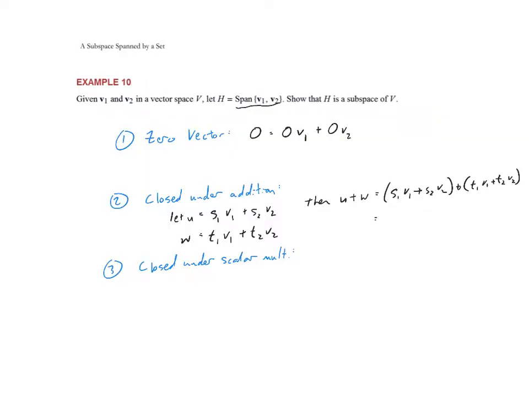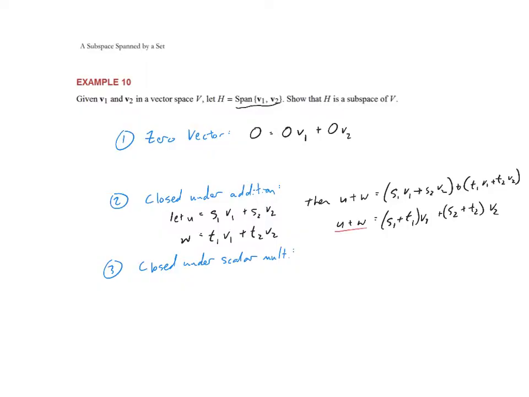All right, so I'm adding them together, and now I can rearrange and regroup things to show that (s1 plus t1) times v1 plus (s2 plus t2) times v2 is what I get when I add u and w together. Okay, so think about how you would have to rearrange that. Put the v1s next to each other and then factor them out. Put the v2s next to each other and then factor them out. And how does that show that it's closed under vector addition?